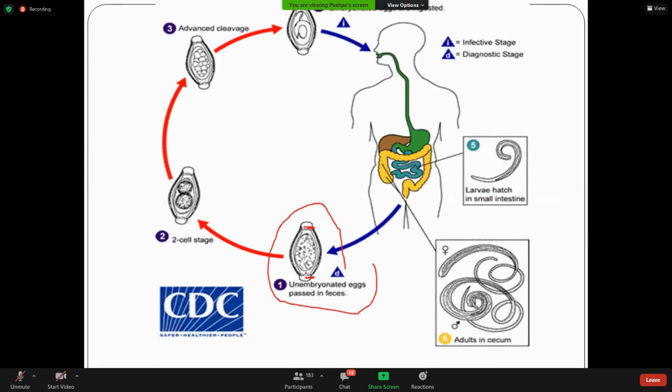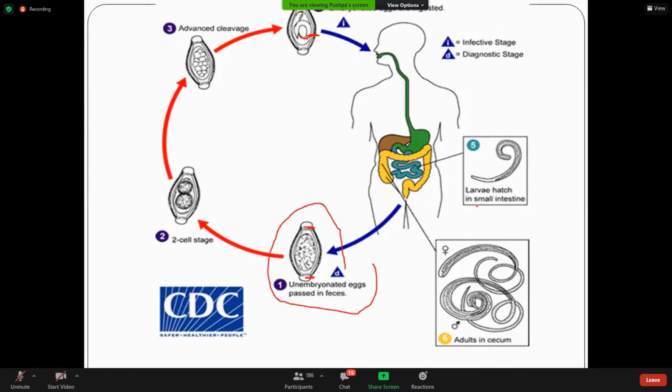Unembryonated eggs are here, and then I told you the two stages, rhabditiform larva and then filariform larva, which is the infective stage. Here you can see the larva is curled up after development in the environment, and if it is ingested accidentally, it can cause infection.